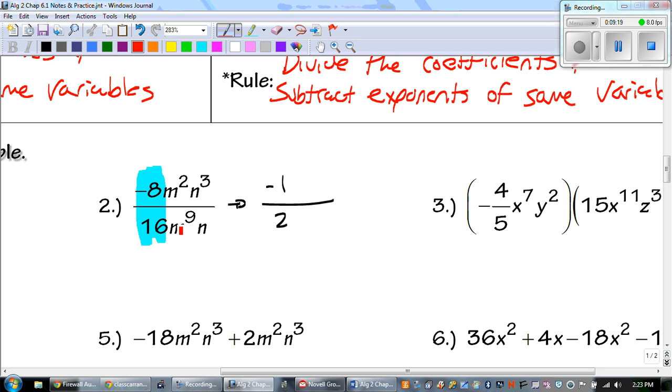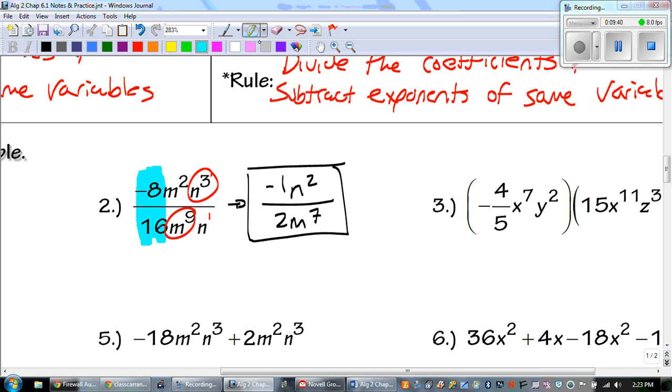Now let's look at subtracting the exponents. Looking at the m's, the bottom wins, and the bottom wins by 7. And with the n's, the top wins, remember that's a 1 right there, and the top wins by 2. So we get -1 n squared over 2 m to the 7th.